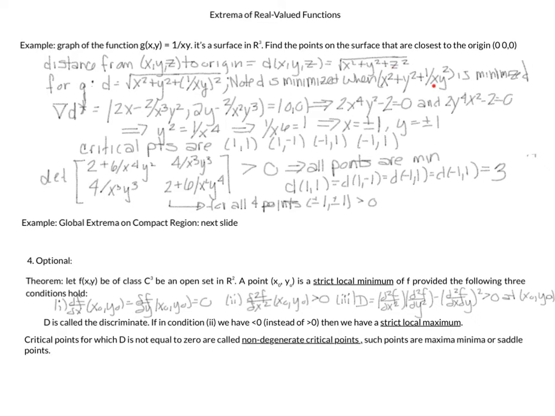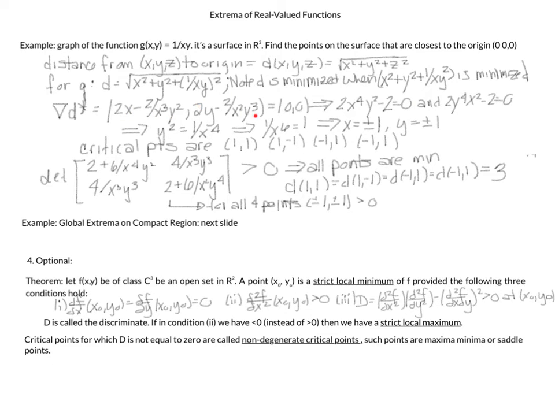So to find the critical points, we're going to take the gradient. And so here I have the gradient, the derivative with respect to x, derivative with respect to y, and I set it equal to 0, 0. Here, multiplying everything by x cubed y squared, that's going to give me 2x to the fourth y squared minus 2 is equal to 0.